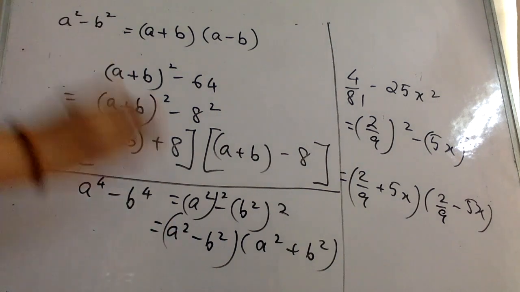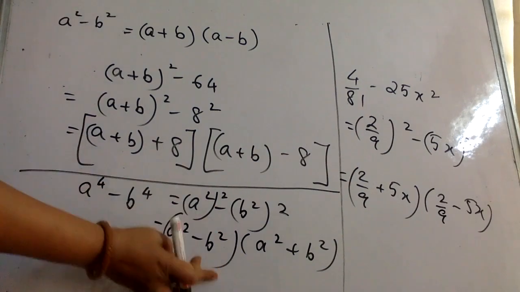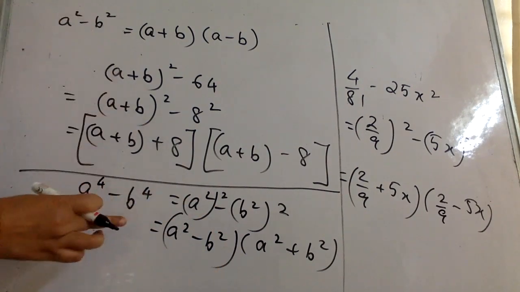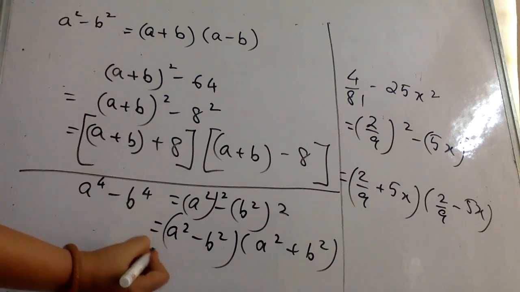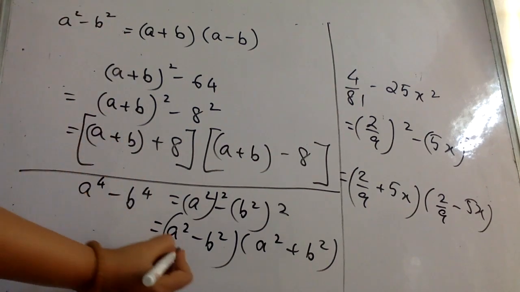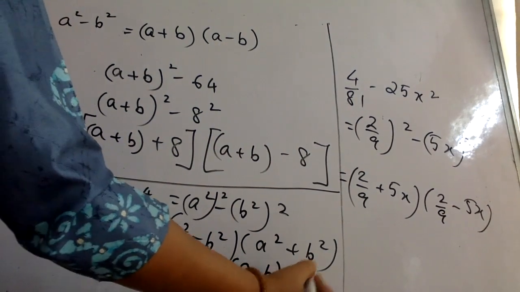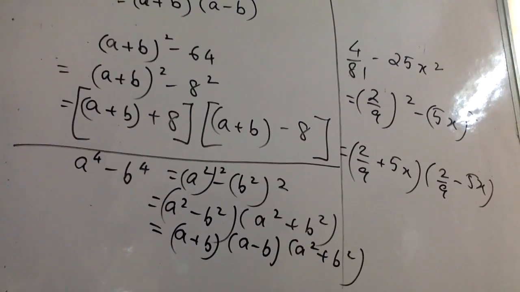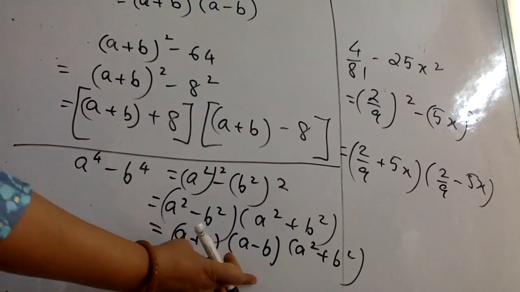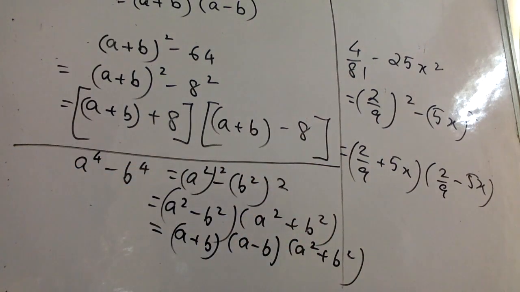But if I use the identity once, I can see one of them has a sum of squares, another still has a difference of squares. As long as there is a difference of squares, I have to keep on splitting it. So a plus b, a minus b, a square plus b square. That is my final answer. Unless you do this splitting, you have not completed the sum.